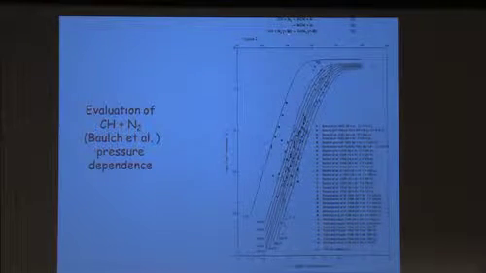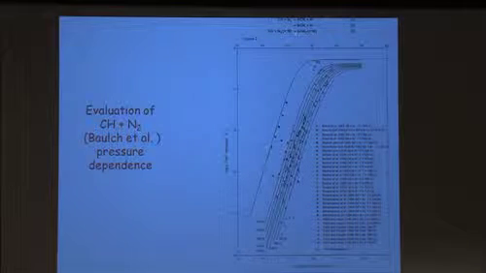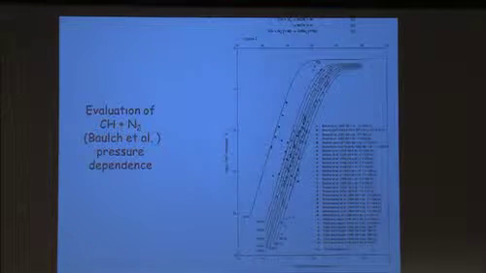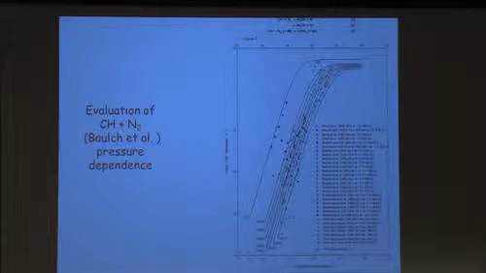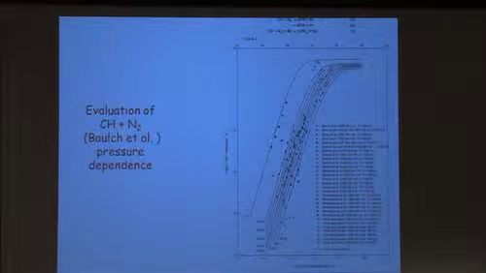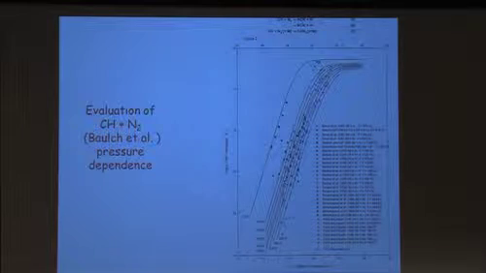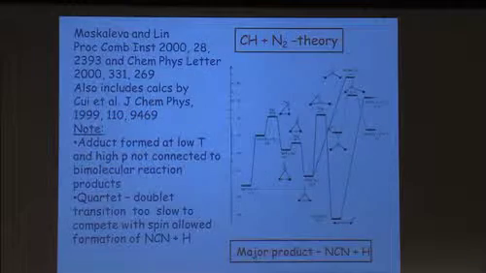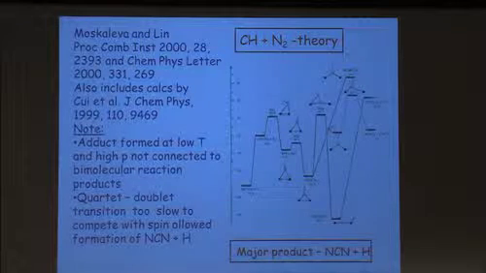So we need a third body, and we're stabilizing to form CHN2 plus M. These are lower temperature measurements looking at the pressure dependencies of the reaction. But this is not important in the higher temperature regions that we're talking about. So we're not interested in the pressure-dependent reaction. We're interested in the pressure-independent reaction.